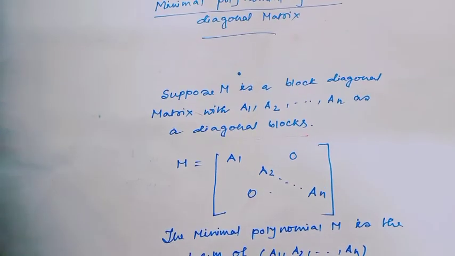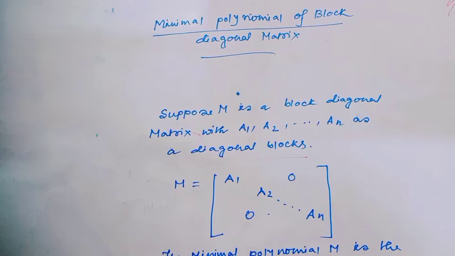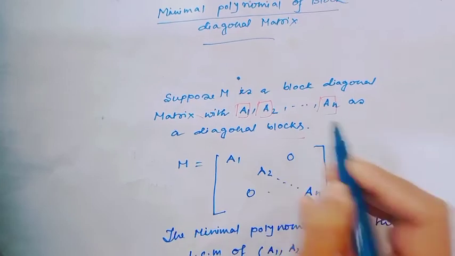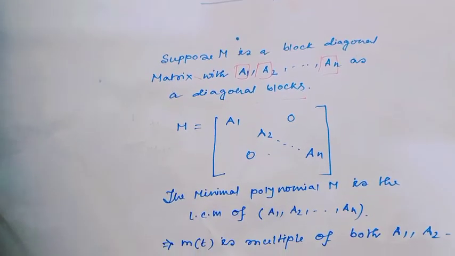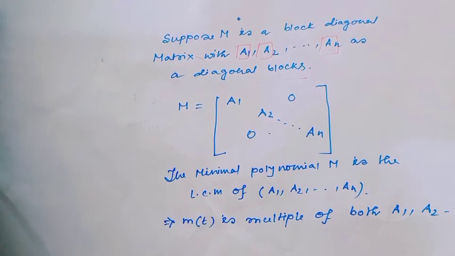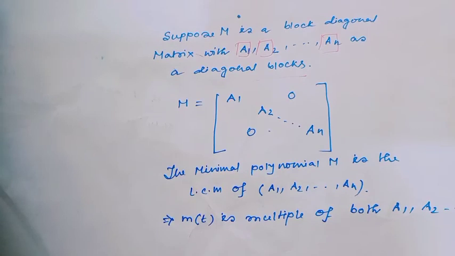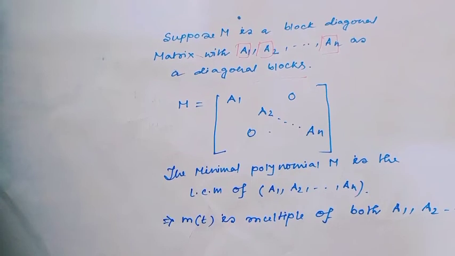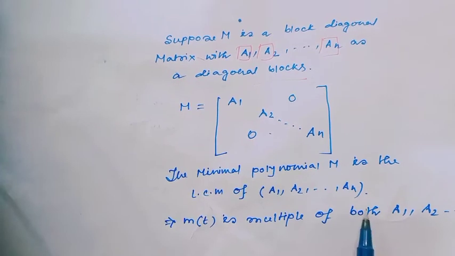Now I will look at the minimal polynomial of a block diagonal matrix. Suppose M is a block diagonal matrix with A1, A2 up to An as diagonal blocks. Then the minimal polynomial of this matrix is different from the characteristic polynomial of a block matrix, because the minimal polynomial of this matrix would be the LCM of the minimal polynomials of A1, A2 up to An.